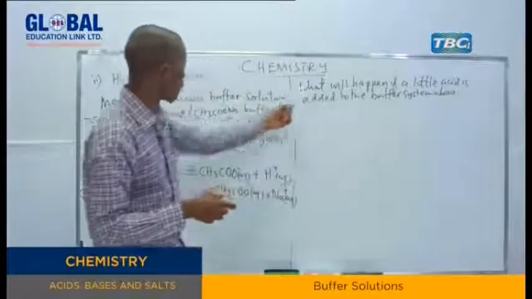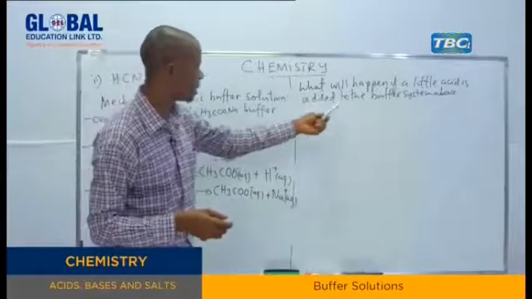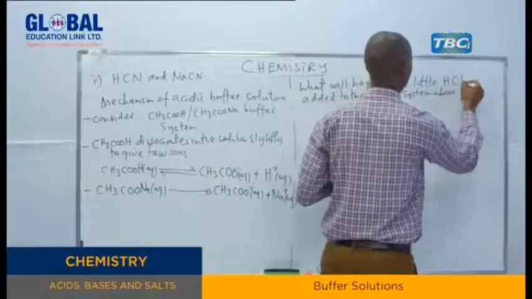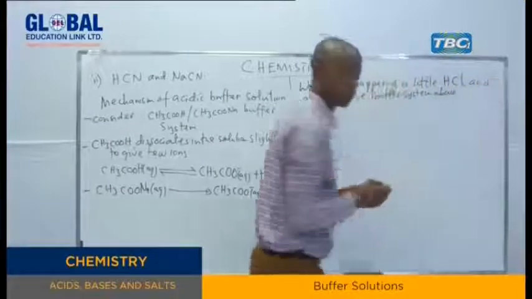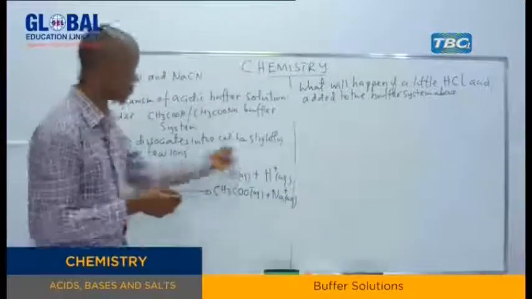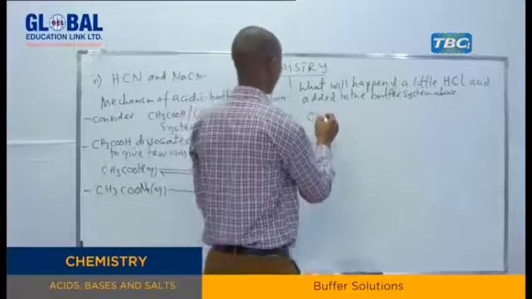What will happen if a little acid is added? This little acid is hydrochloric acid, which is a strong acid, added to this buffer system here. What will happen? Remember, initially we have this system.